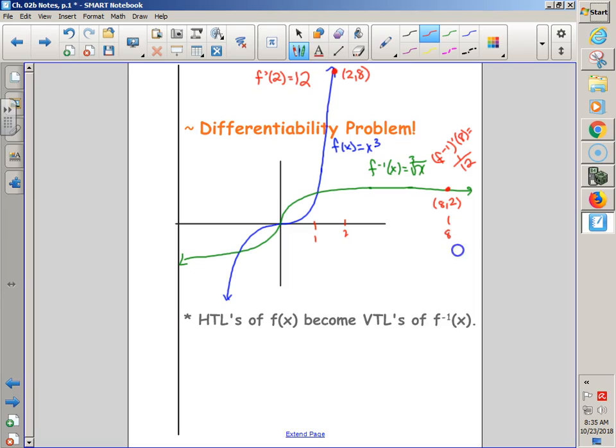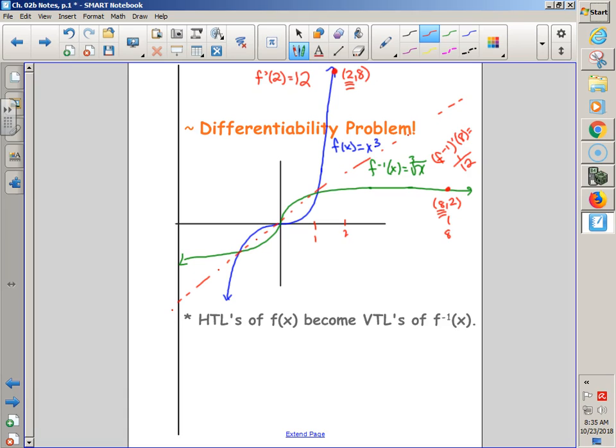And how does my formula card say slopes of originals and inverses behave when they correspond across that y equals x reflection? What's the relationship between their slopes? F inverse prime of b is equal to 1 over f prime of a.